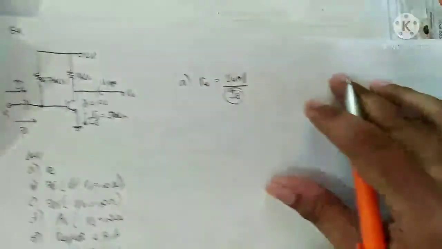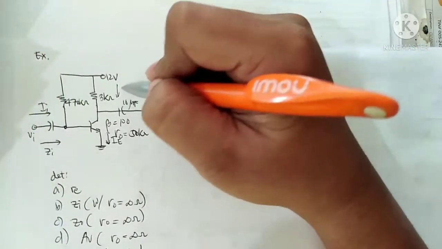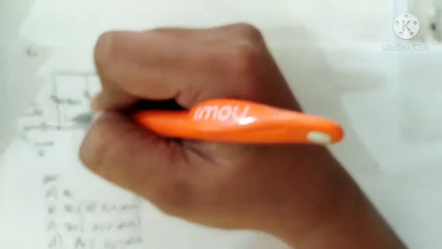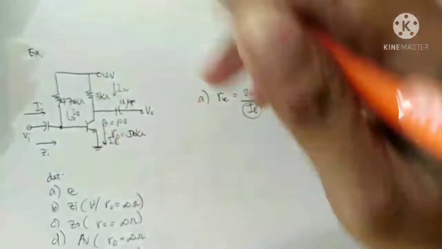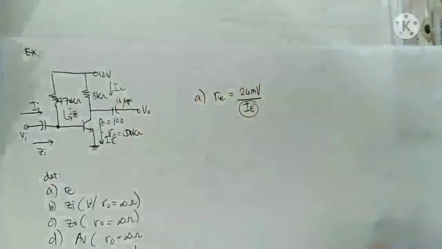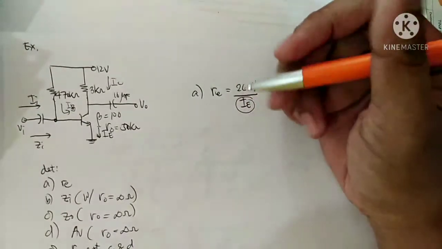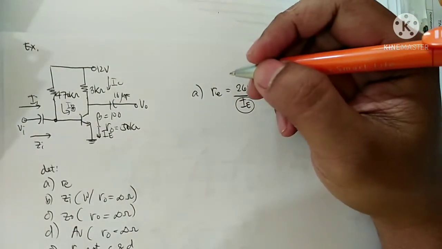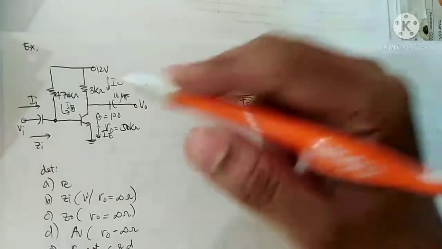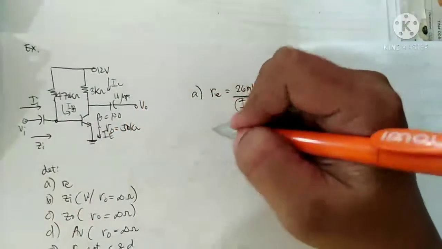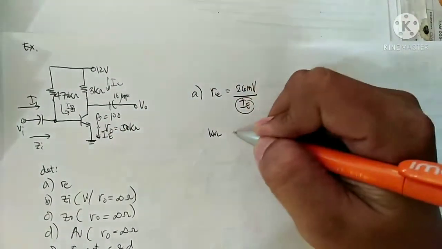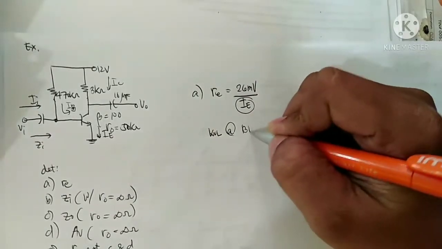The values of IC and IE are about the same. So in order to calculate IE, we find IB by KVL, the base emitter loop.